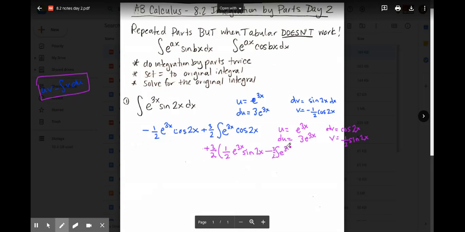E to the 3x times sine 2x. Okay. So this integral right here was replaced with this whole thing. Now I'm going to copy down the rest. So negative 1/2 e to the 3x cosine 2x. Okay, so now what we're going to do is distribute. So get rid of these parentheses by distributing this 3/2 to both.